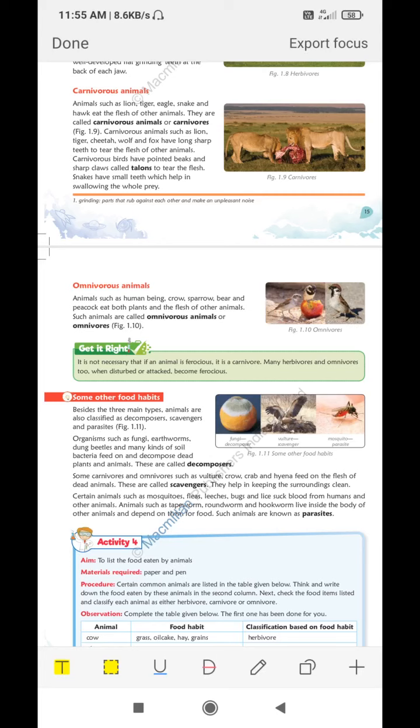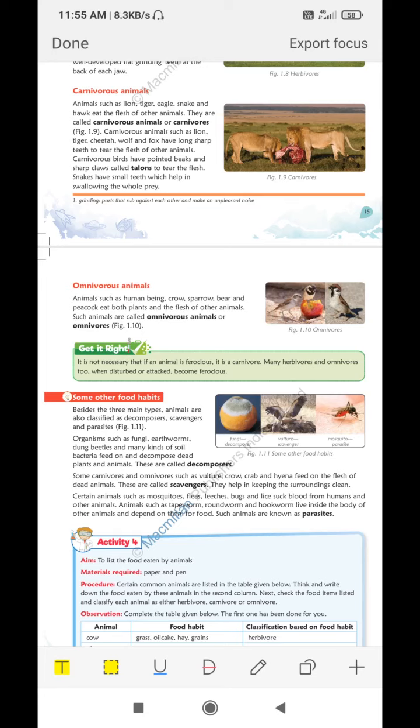Hyena is also a natural scavenger. So crows, vultures, hyena are called scavengers because they will eat dead animals. They will keep the environment clean. They clean the environment of dead animals and waste material, that's why they are called scavengers.